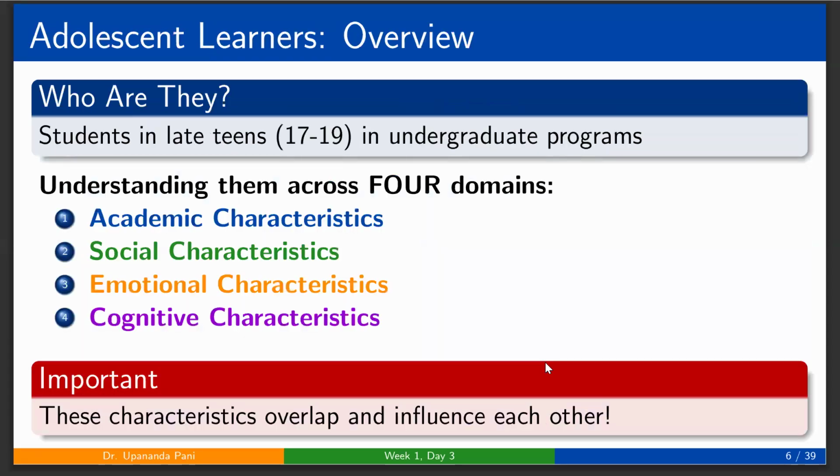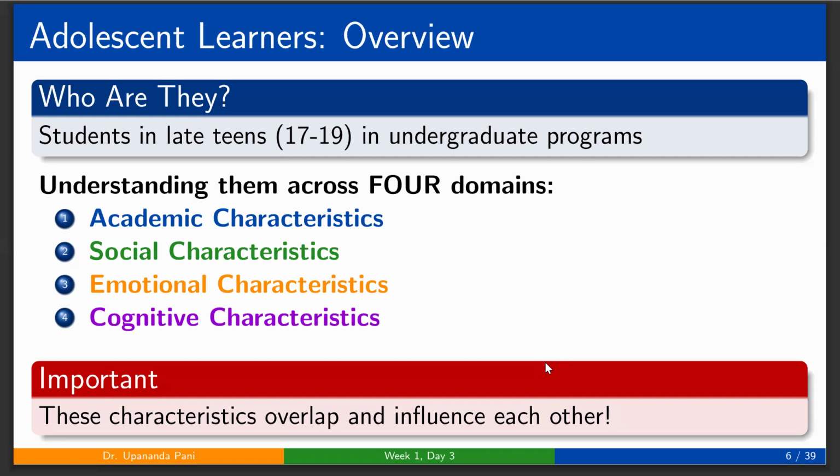Now, let's focus on adolescent learners, the overview. So who are they? So students in late teens, 17 to 19 in undergraduate programs. So understanding them across four domains, especially academic characteristics, social characteristics, emotional characteristics, and cognitive characteristics.